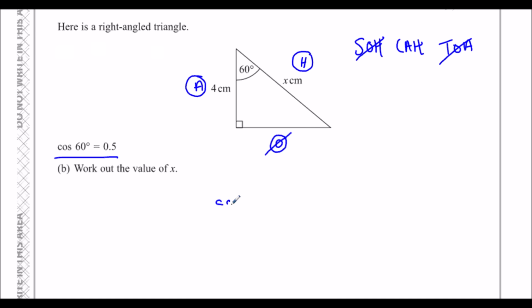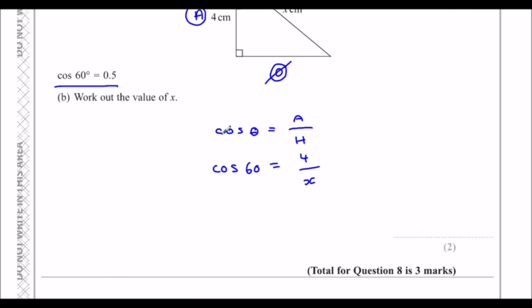So cos with the angle equals adjacent over hypotenuse. That means cos 60 is equal to 4 over x. And we know that cos 60 is 0.5. So we can change cos 60 into 0.5.